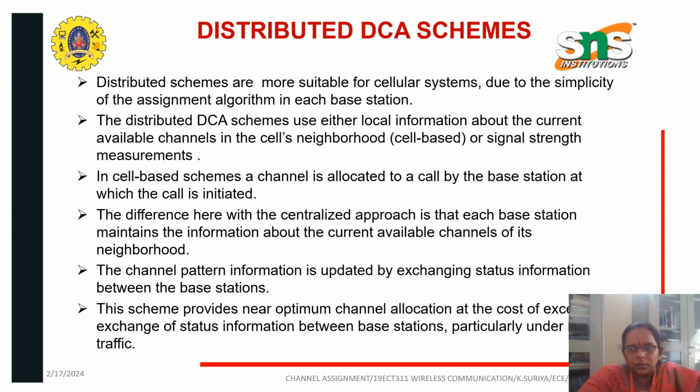Then the base station will allocate the channel to the new call request. So the channel available status will be kept updated by exchanging the status information between the base stations. So this distributed DCA scheme provides an optimal channel allocation method.